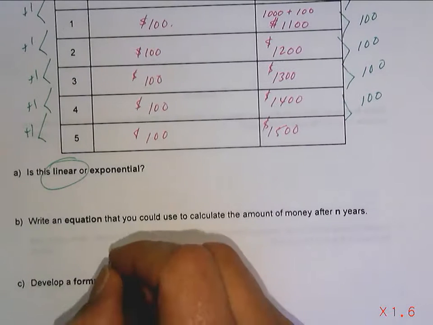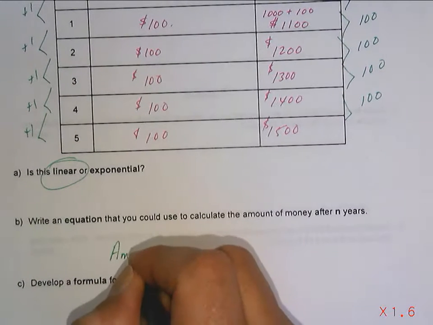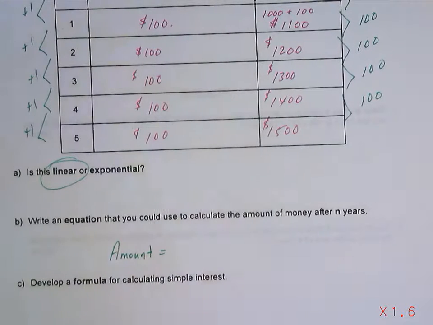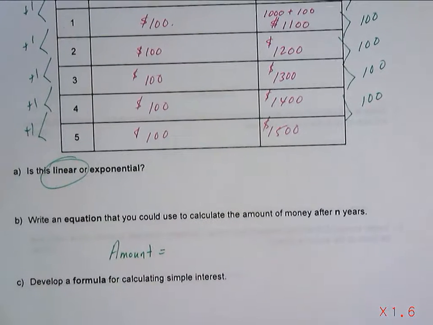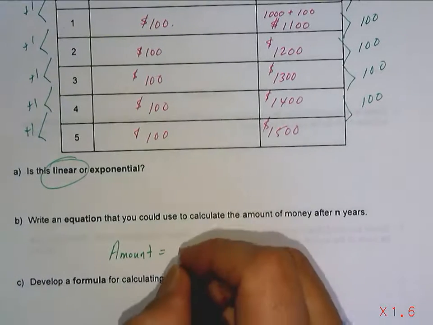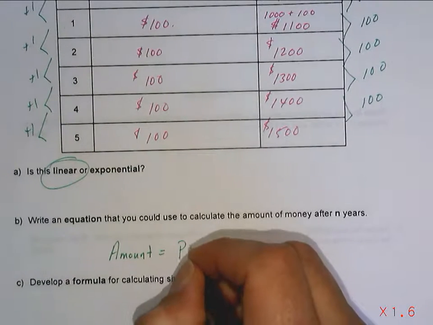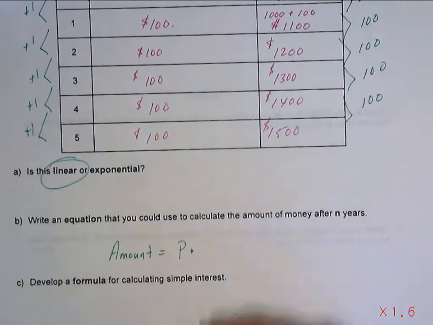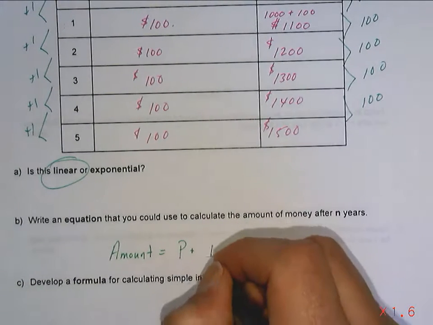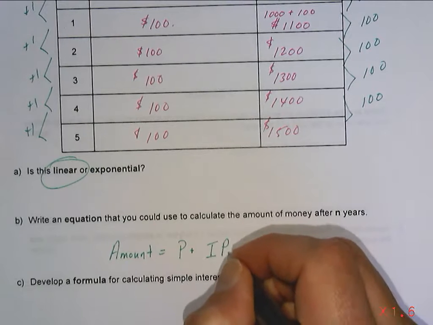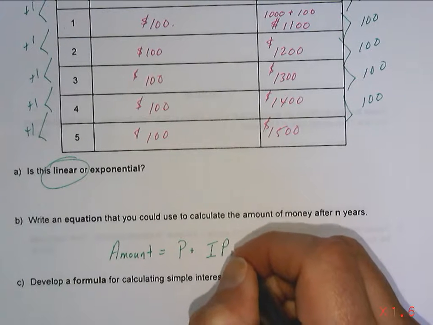So it would be amount would equal your initial amount. Now we need to call that something, and what we call it is principal. So it's your first amount, so it's your principal, plus the interest rate times the principal times the number of years.